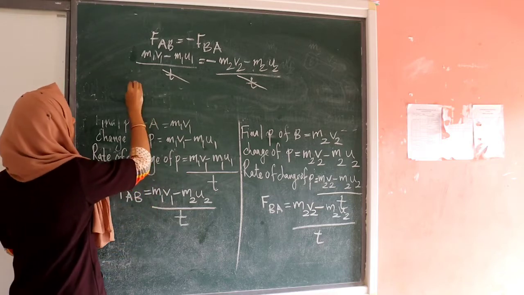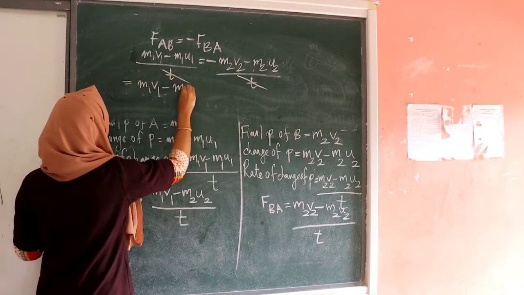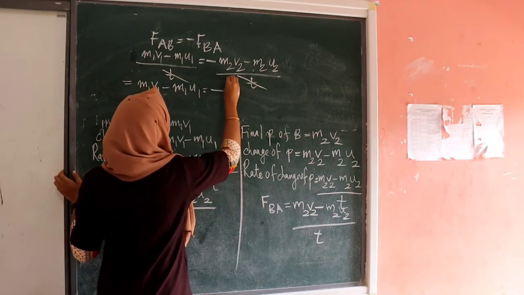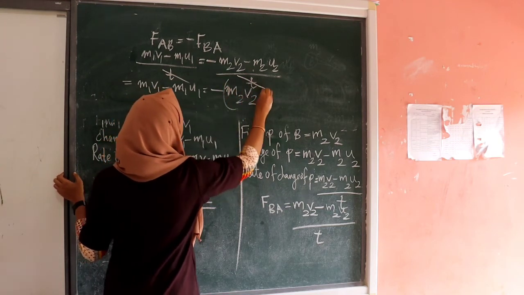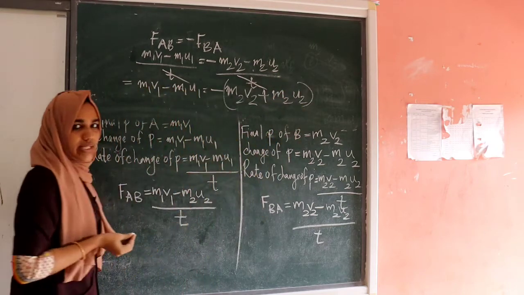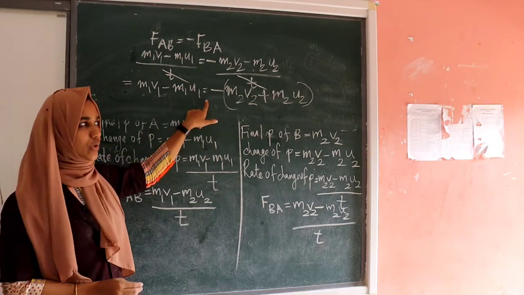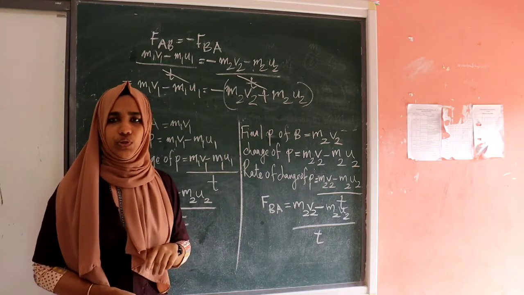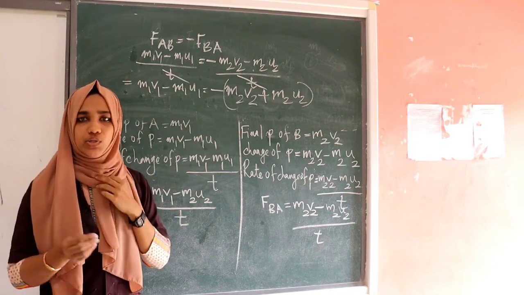Then it becomes m1 v1 minus m1 u1 equal to minus, you can put this in the bracket, m2 v2 plus m2 u2. Is it clear? We can bring these u terms and v terms together.